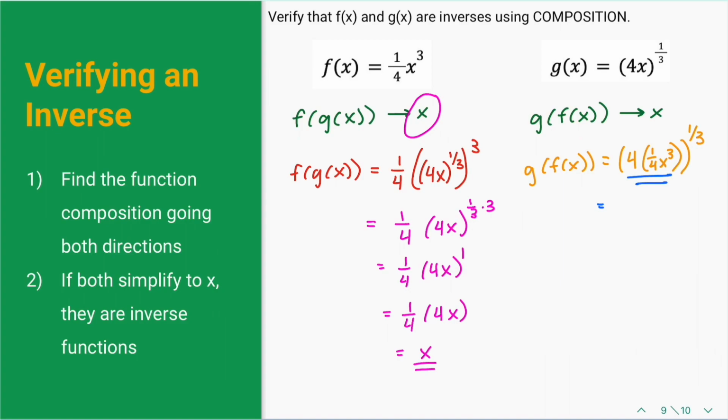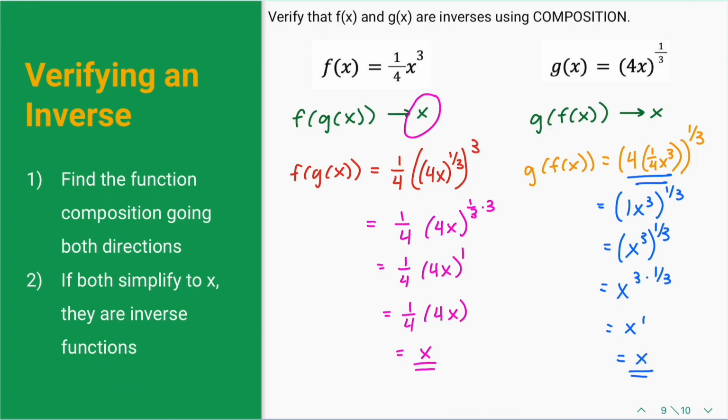Well, 4 times a 4th of x to the 3rd would just be 1 x to the 3rd, all to the 1/3 power. Well, 1 x to the 3rd is just x to the 3rd, all to the 1/3 power. X to the 3rd to the 1/3 power is x to the 3 times 1/3, which is x to the 1st, or x. Ta-da!